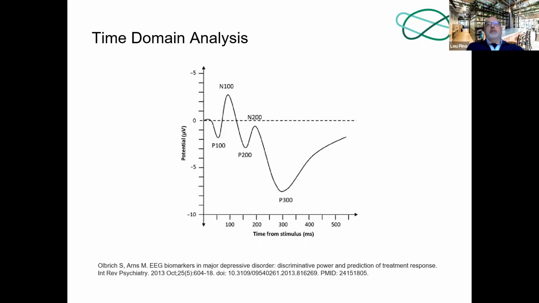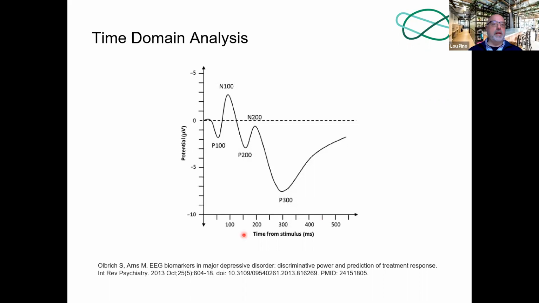Here's an example of time domain analysis of an event-related potential. This type of neuroscience research goes back decades to the 50s. An event-related potential measures the brain's response to an external stimulus, usually an auditory tone or visual stimulus. Each time a stimulus is presented, the brain's response is recorded via EEG, time-locked to the stimulus.